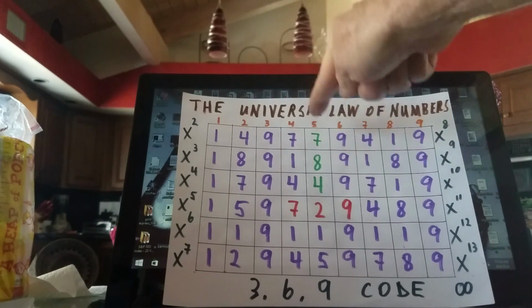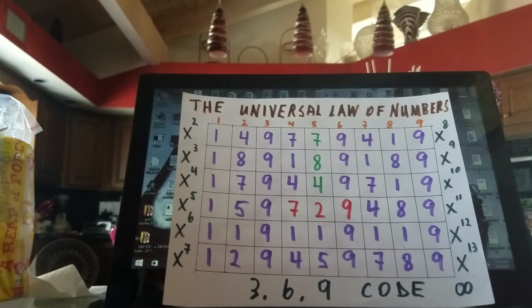So if I add 14 to 77, since 5 plus 5 is 10 and it reduces to a 1, then 14 plus 77 will reduce to a 1 as well. If we add 41 to that, since 5 plus 5 plus 5 is 15 and reduces to a 6, 14 plus 77 plus 41 will reduce to a 6.